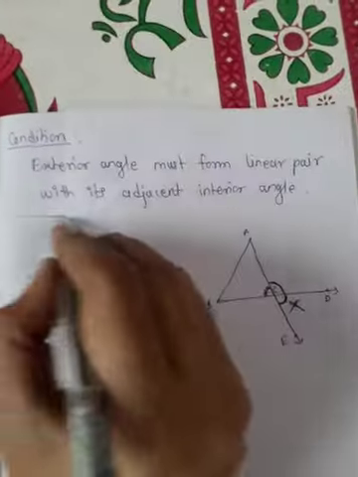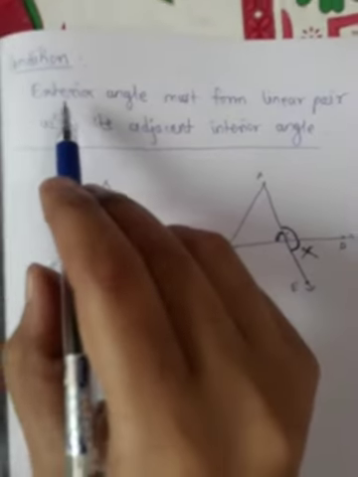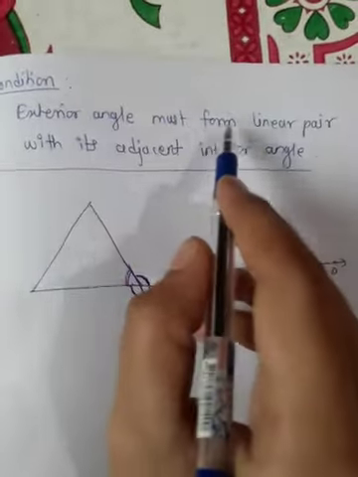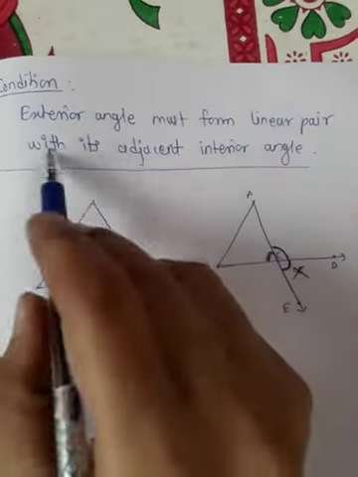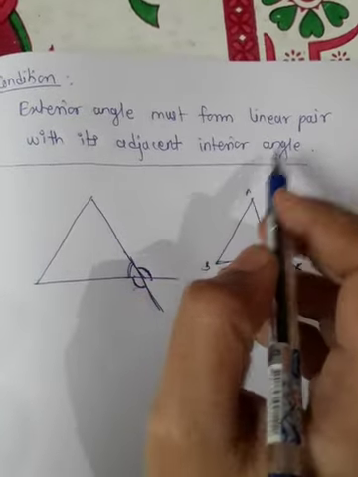So the condition for an exterior angle is that the exterior angle must form a linear pair with its adjacent interior angle. So what is the definition?